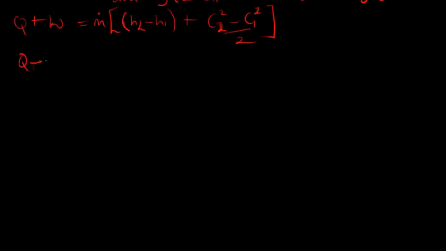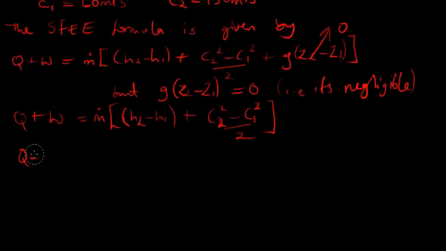Let's input the values now. Turbine work is minus 14,000 kilowatts, but I'm not going to write the kilo.